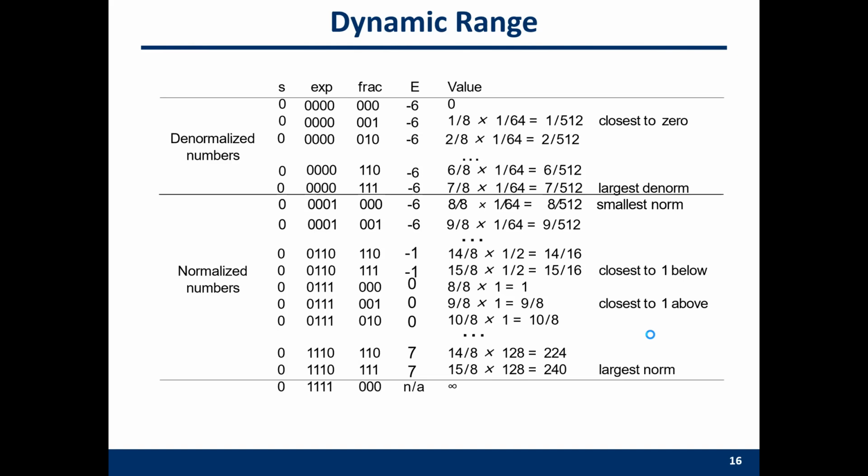So this is the round down for the cases when the exp is all zeros. Why? Because this case can be very close to 0. And then your round down scheme has a very important impact.